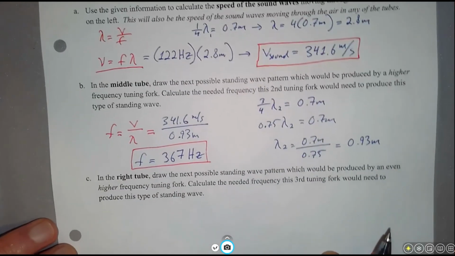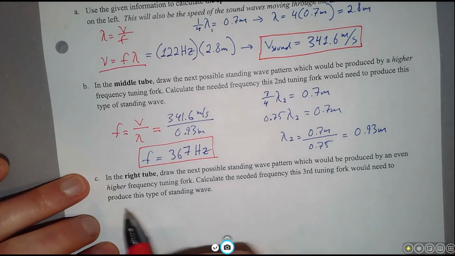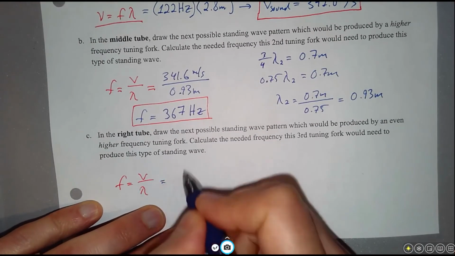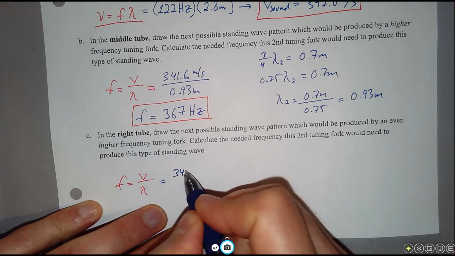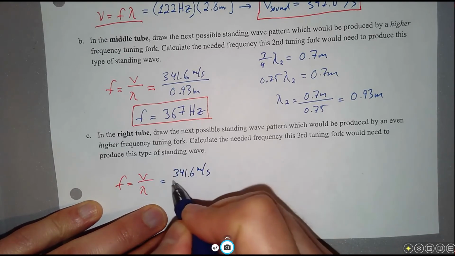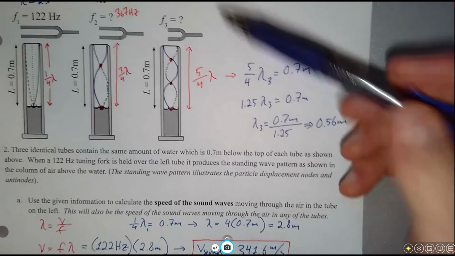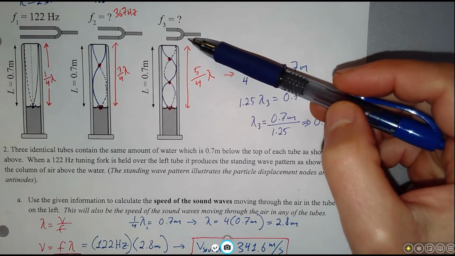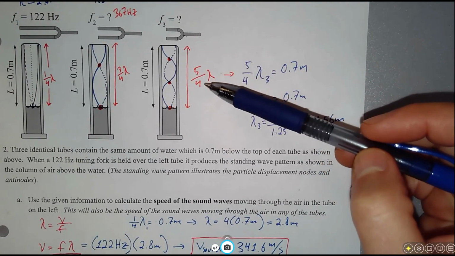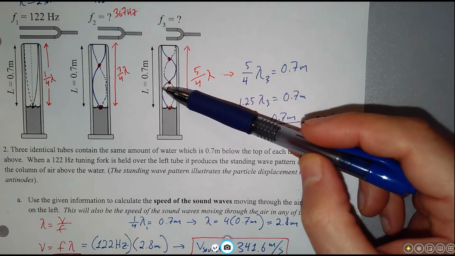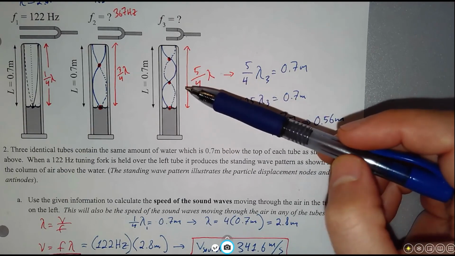So let's now go down here and use our same rearranged equation to solve for frequency using the values that we know. Again, the sound waves are all still moving at the same speed through the same temperature air. And we figured out, using our diagram up here, that the wavelength created by this unknown frequency tuning fork has to be smaller than 0.7 meters, and 5/4 of the wavelength has to fit in there.